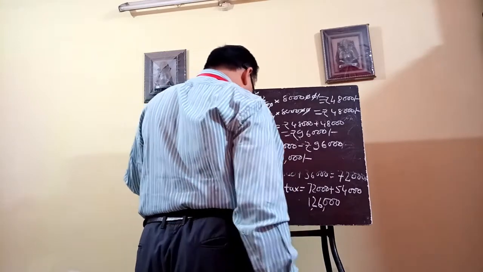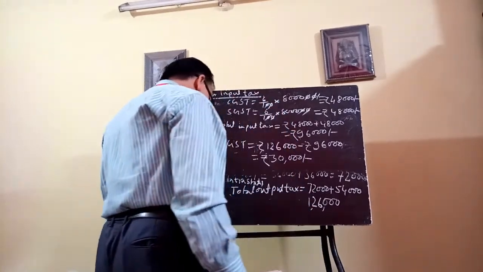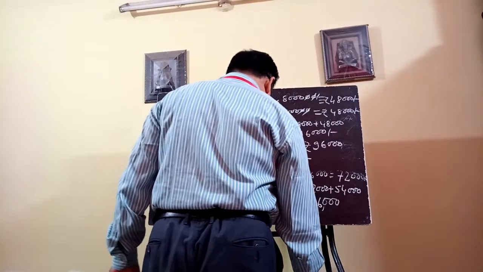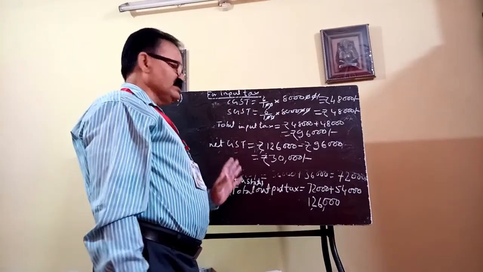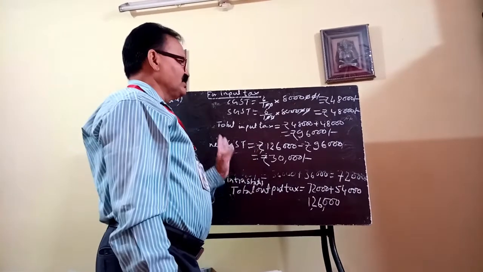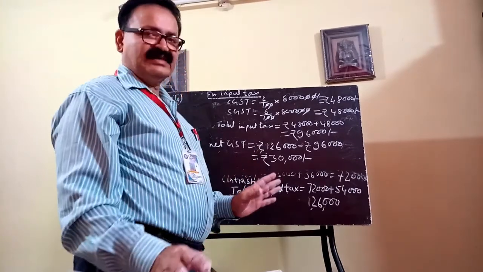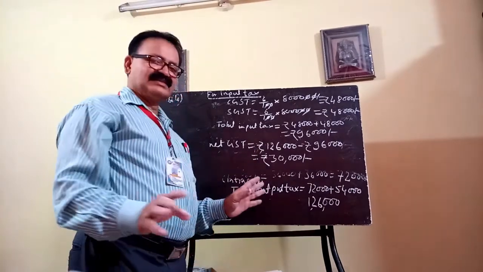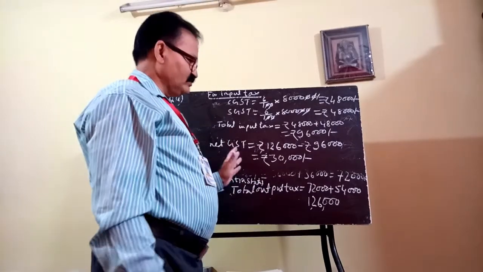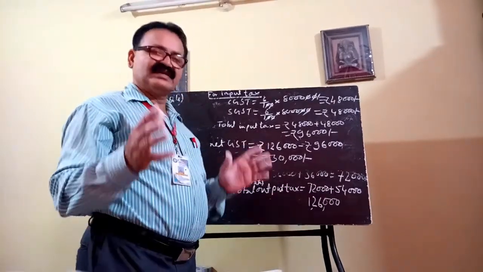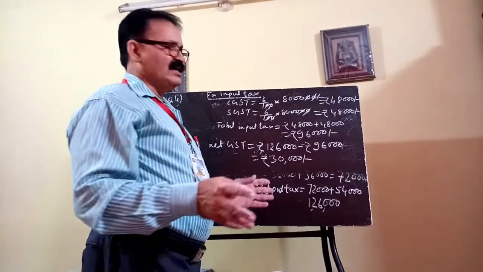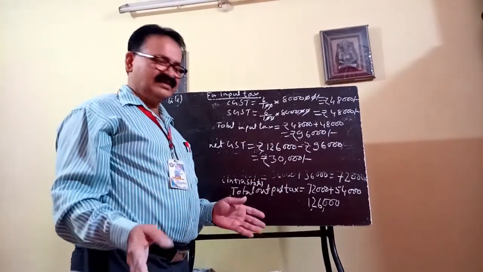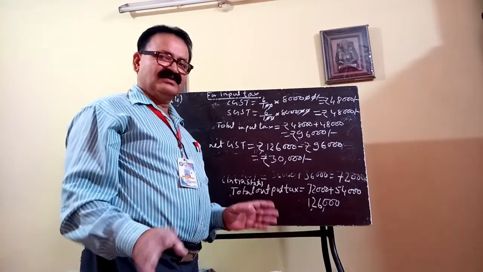Rupees 30,000 is to be paid. If you subtract this, rupees 30,000 will be paid to the government as net GST by the dealer of Delhi. So okay, today this much is sufficient. So accordingly you try to solve the complete exercise, and if you have any problem, you just call me. I will explain over phone. Okay, bye.